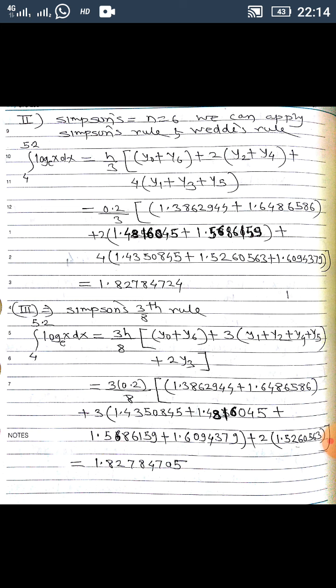Similarly, Simpson's 3/8 rule. 4 to 5.2 integration log x to the base e dx is equal to 3h by 8, y0 plus y6 first and last, plus 3 times (y1, y2, y4, y5) plus 2 times y3. So however many terms exist, use that much of the formula.